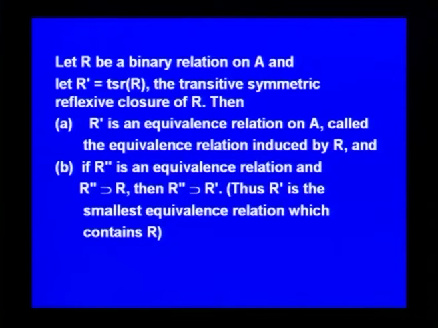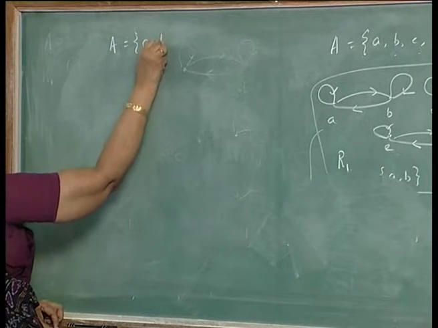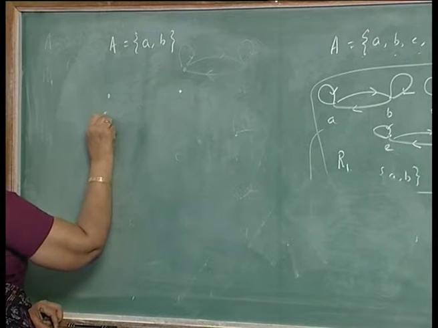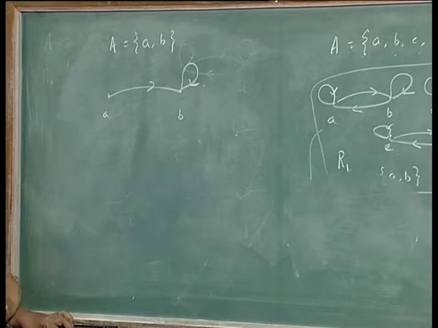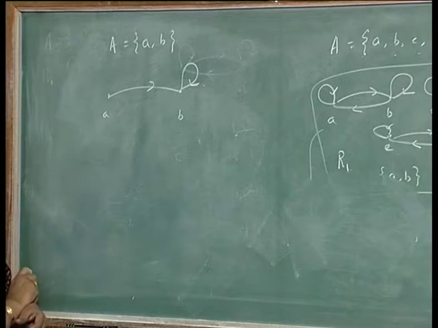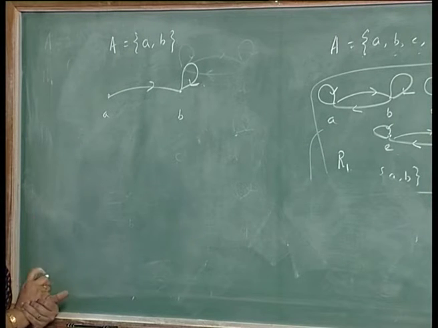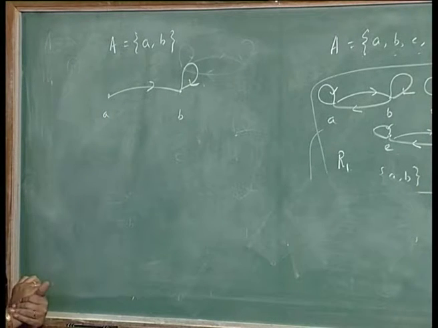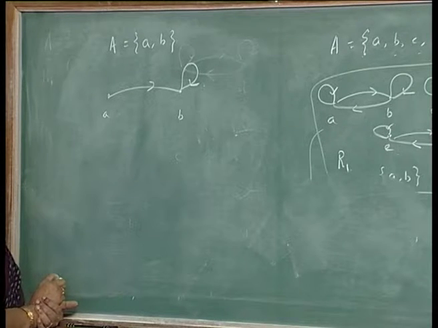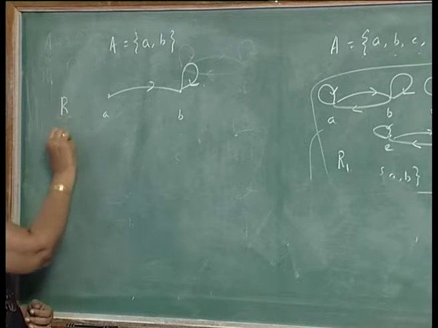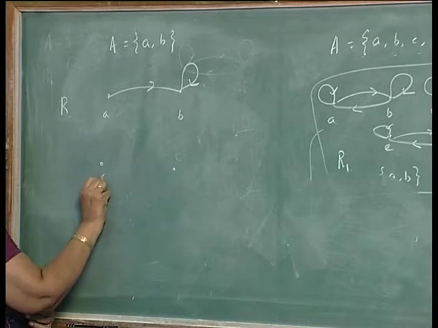So, for example, take a set A with two elements A and B, like this. This is not reflexive because we are not having an element. It is not symmetric also. Take R. Now, first take the reflexive closure of that.